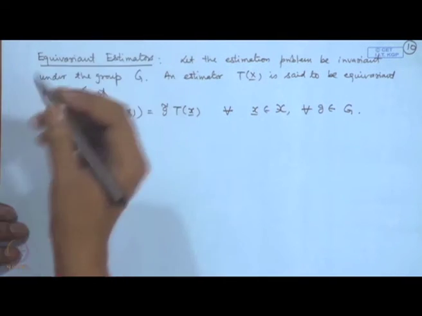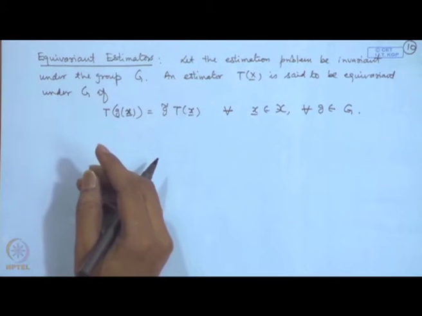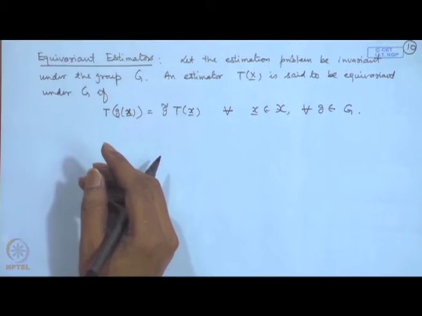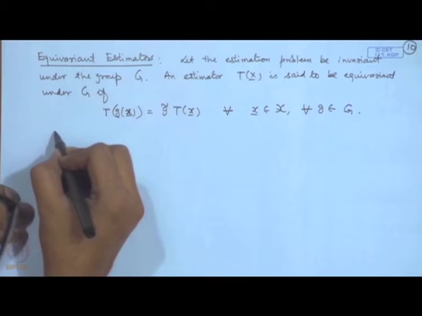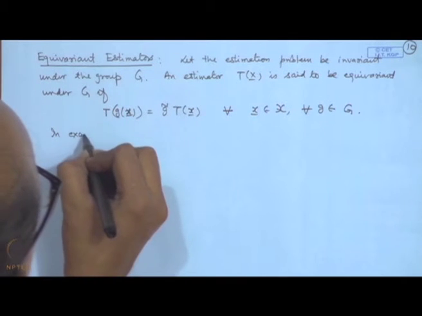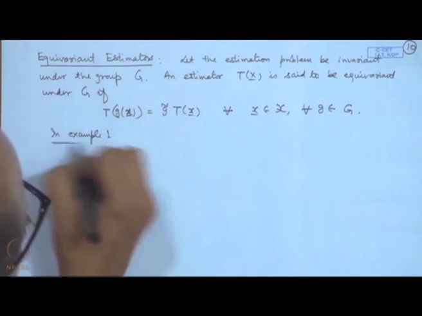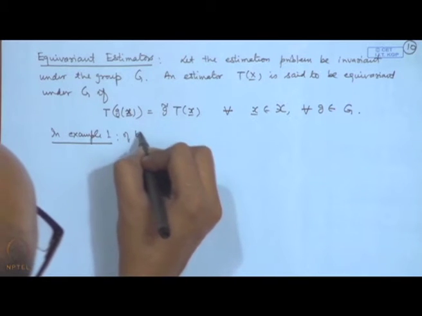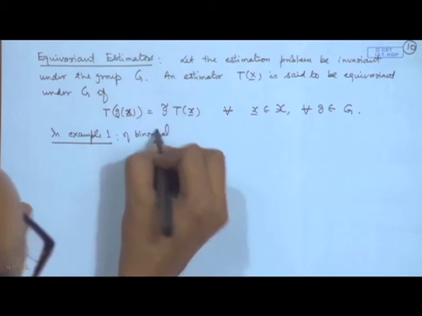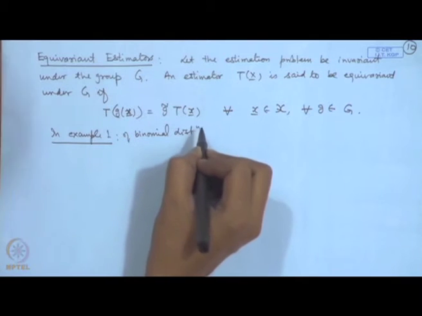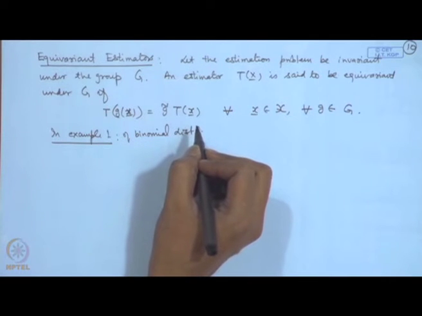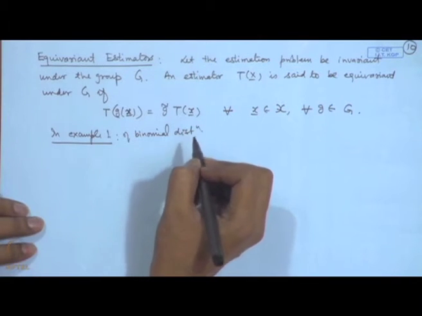Let us take the example of binomial distribution that I have discussed just now. So, in example 1 of binomial distribution, let us consider the form of an equivariant estimator here.